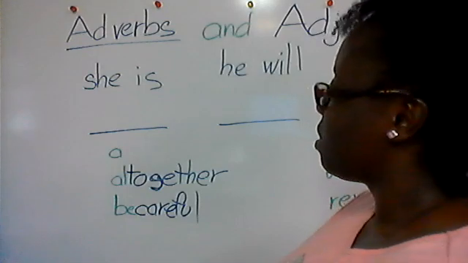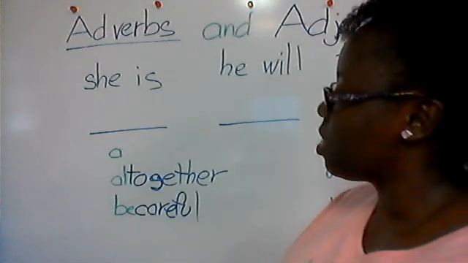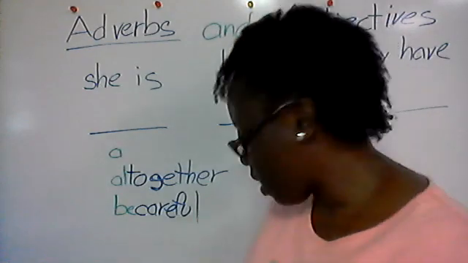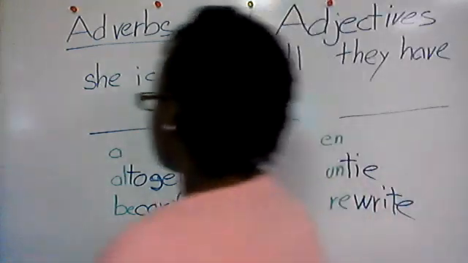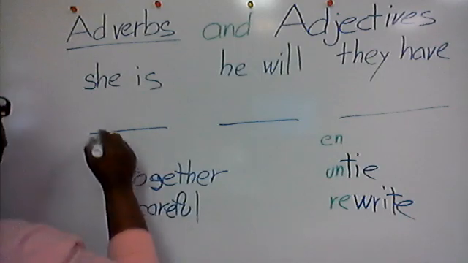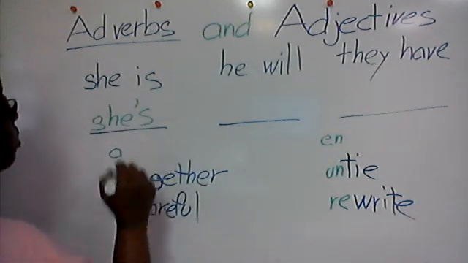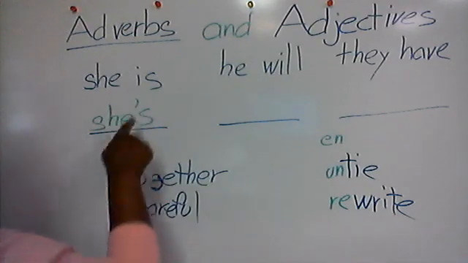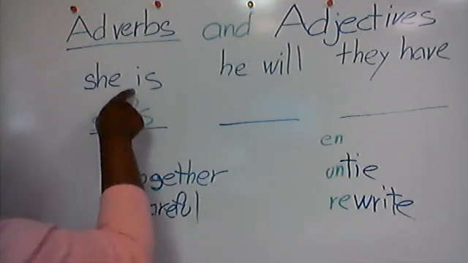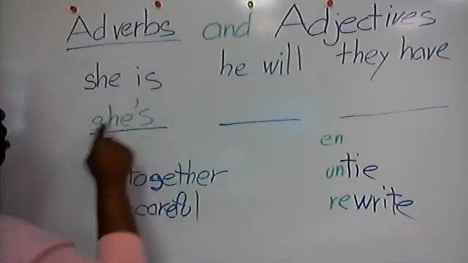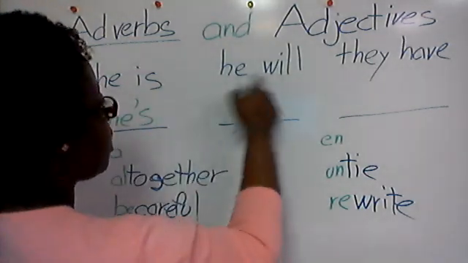So you begin your practice. You're going to take these two words here, she and is, together and make a contraction. She and is together is she's. Apostrophe S. The apostrophe takes the place of the letter or missing letters. Letter or letters, plural, is replaced with the apostrophe. He will.